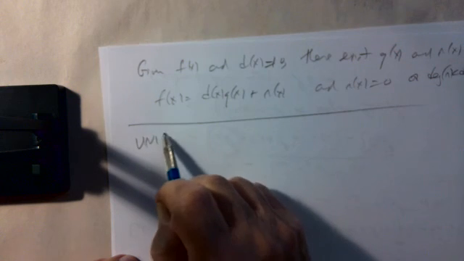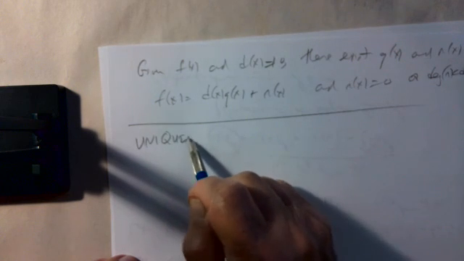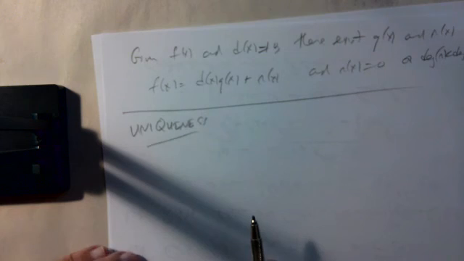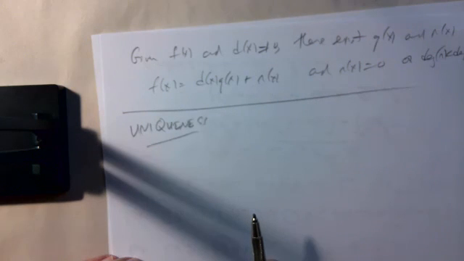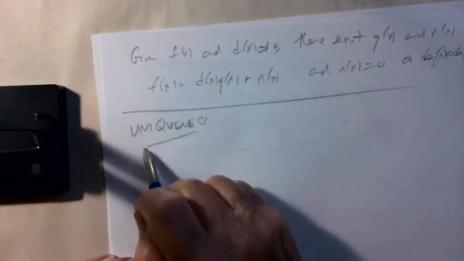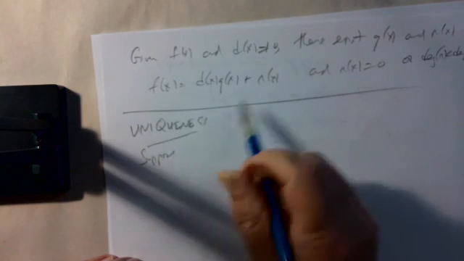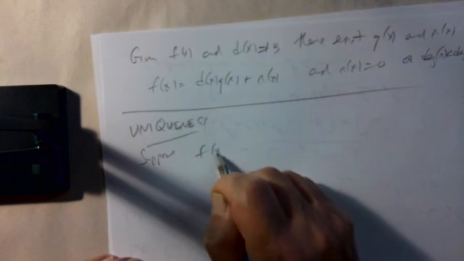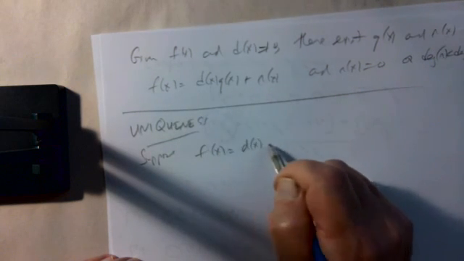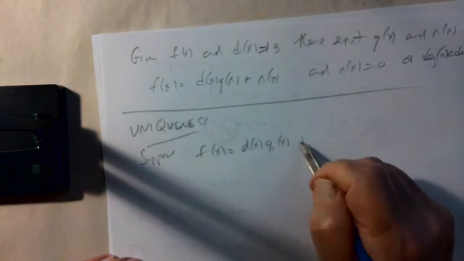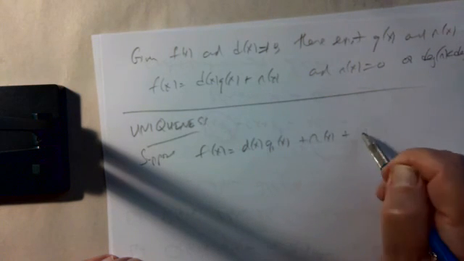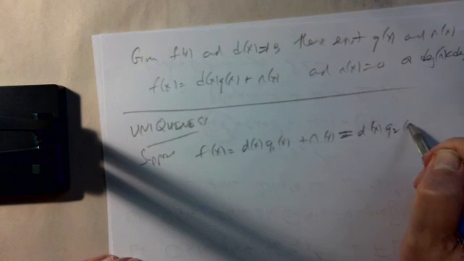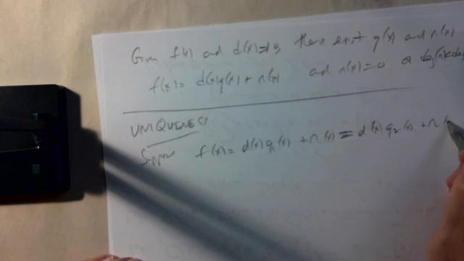And now I want to prove uniqueness of the quotient and remainder. So suppose we have two representations of this form. Suppose f of x is d of x q1 of x plus r1 of x, and it's also d of x q2 of x plus r2 of x.